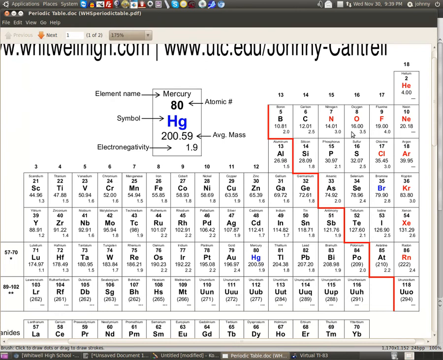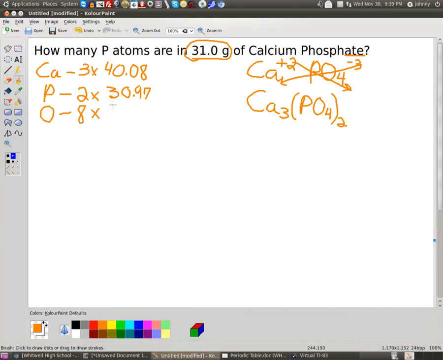Yes, it's 16 on mine. Yours might be like 15.99 or 15.998, but just use the one that's on your periodic table. Mine goes out to the nearest hundredth, so that's what I'm going to use, 16.00. So let's go back and write this down, 16.00.